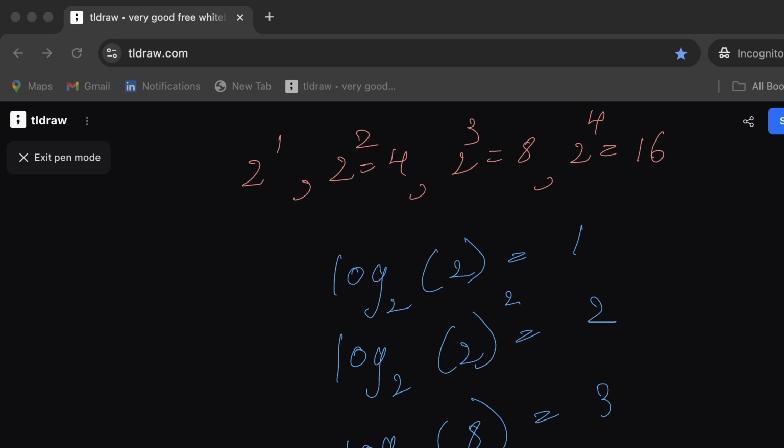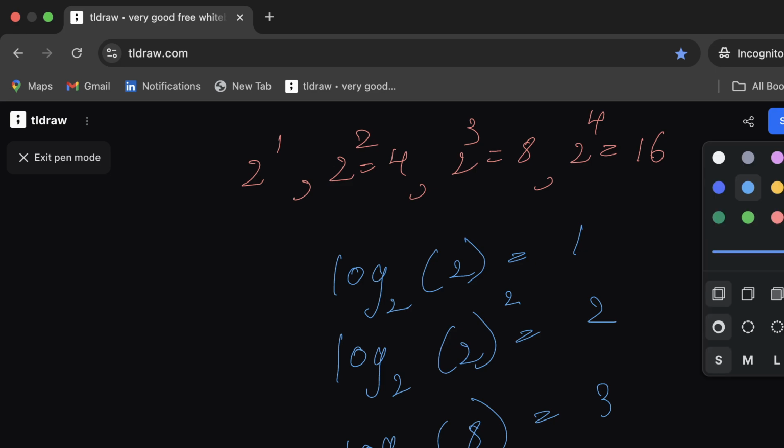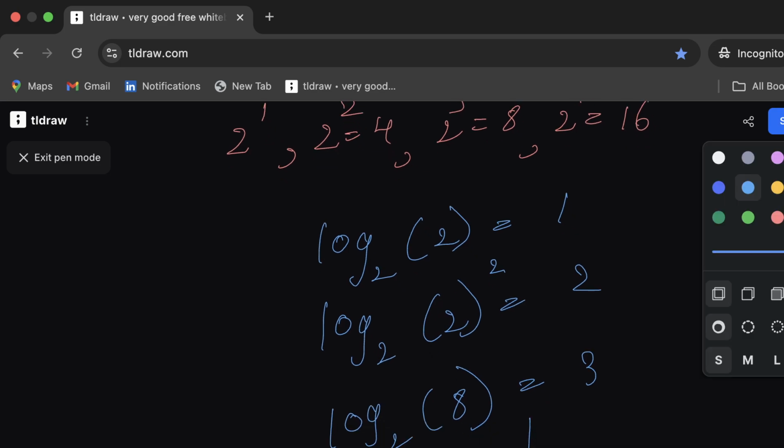So if I take log base 2 of 16, it is going to be 4.